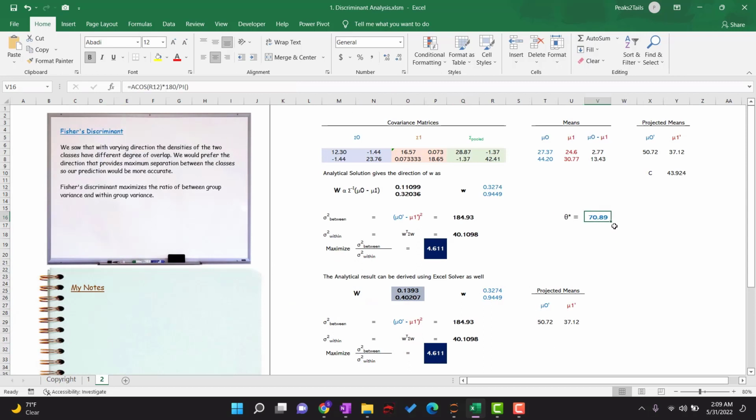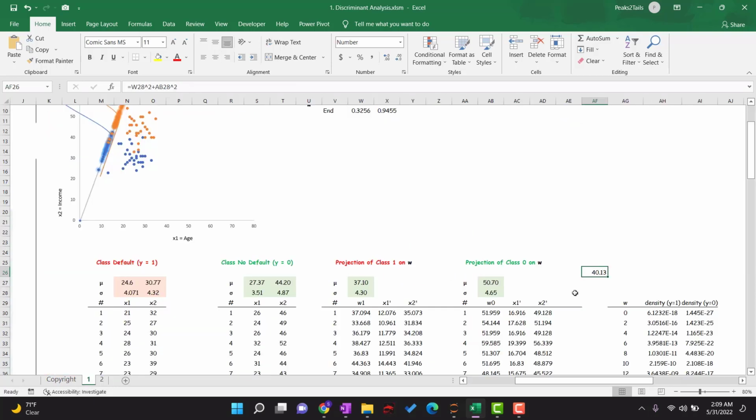So this is 70.89, right? I'm taking 71, so there is a little bit of difference, but you can calculate within group variance by summing up the individual variances of the projections. That also works.